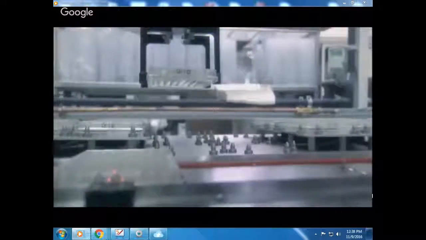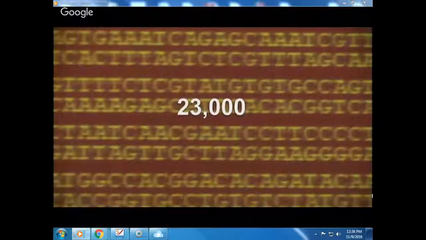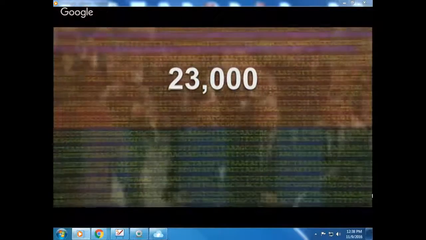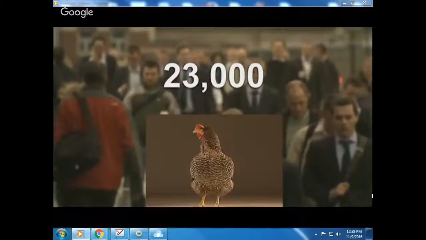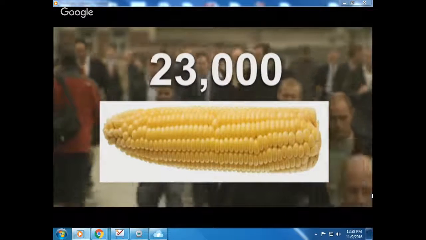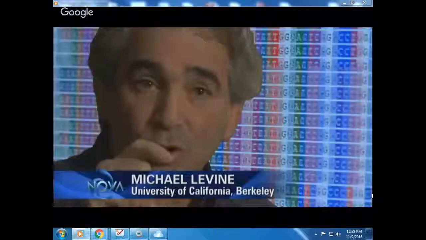So when the final answer came in 2003, it was a shocker. 23,000 genes. The same number as a chicken. Less than an ear of corn. I mean, people were freaked out by the relatively small number of genes.